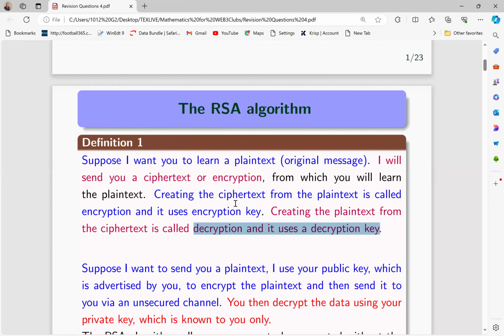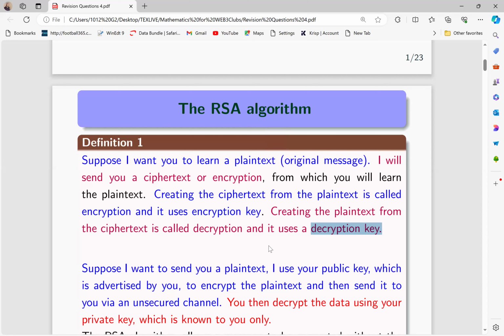Now, to come up with the ciphertext, I have to use an encryption key. Then when I send you the ciphertext, you'll decrypt it using the decryption key. So what we'll be doing is coming up with this encryption key and the decryption key.